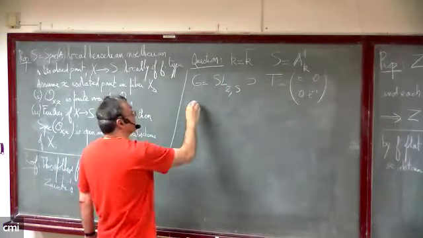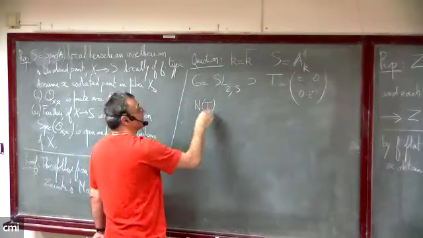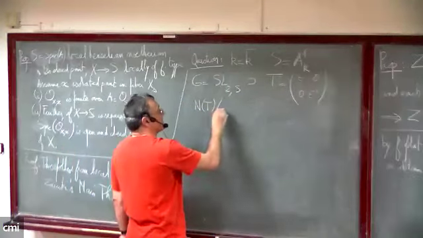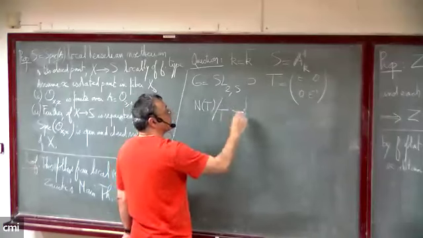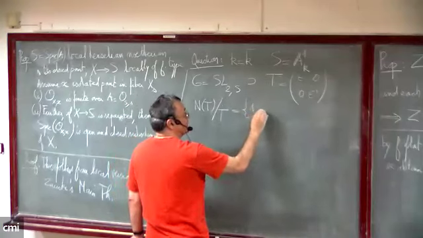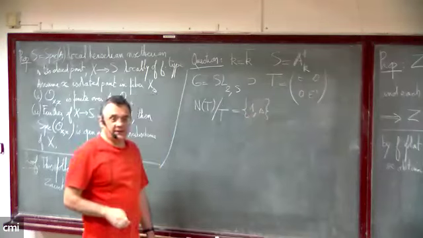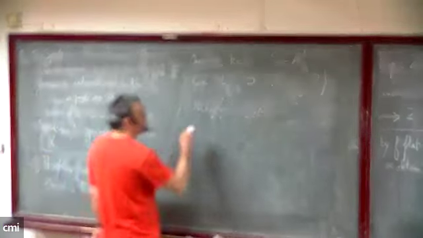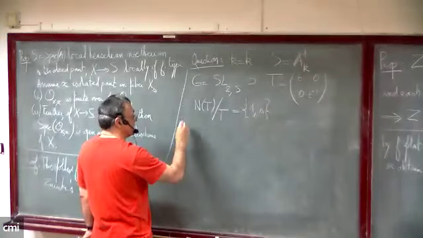And so we can consider its normalizer. And so the quotient is a Weyl group with two elements.